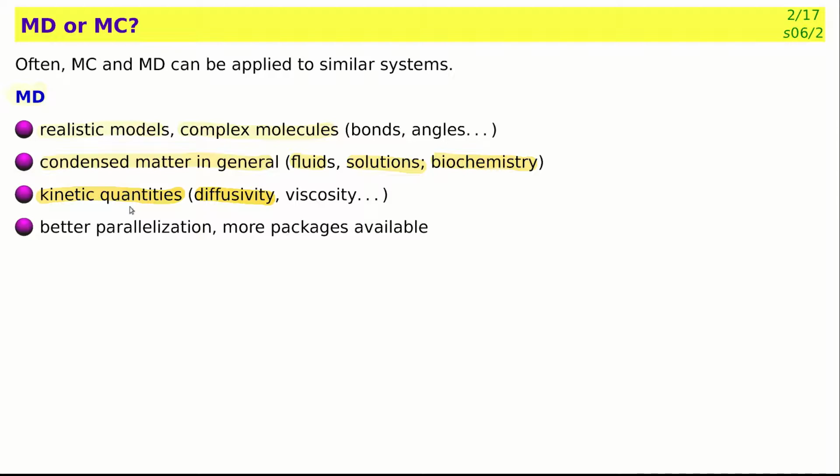Also, there are more packages available, and nowadays many of them support parallelization. Parallelization either at the level of processors. A typical processor now has several threads and several CPU units.